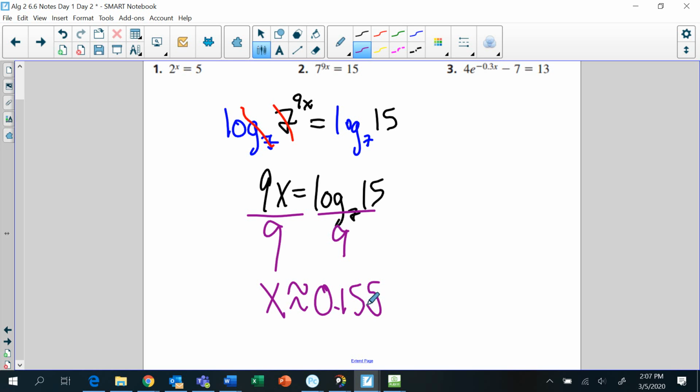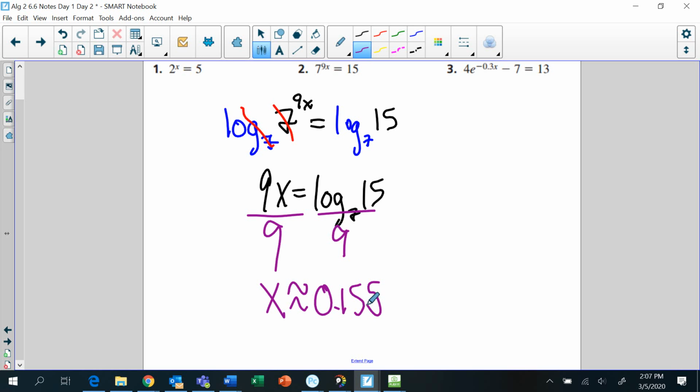What'd you get? 0.155 after rounding correctly. Do you want us to round to the nearest hundred? Like every time? Well, I've been doing thousandths. I like 3 decimals. It's pretty accurate.